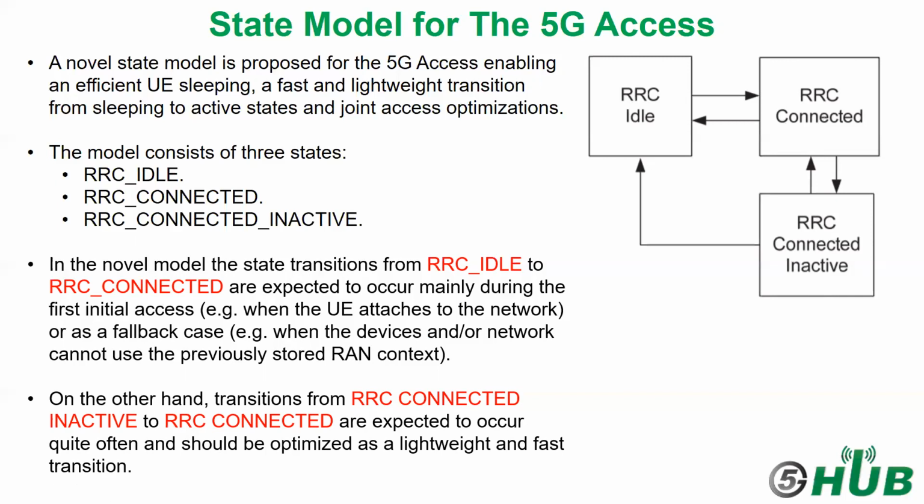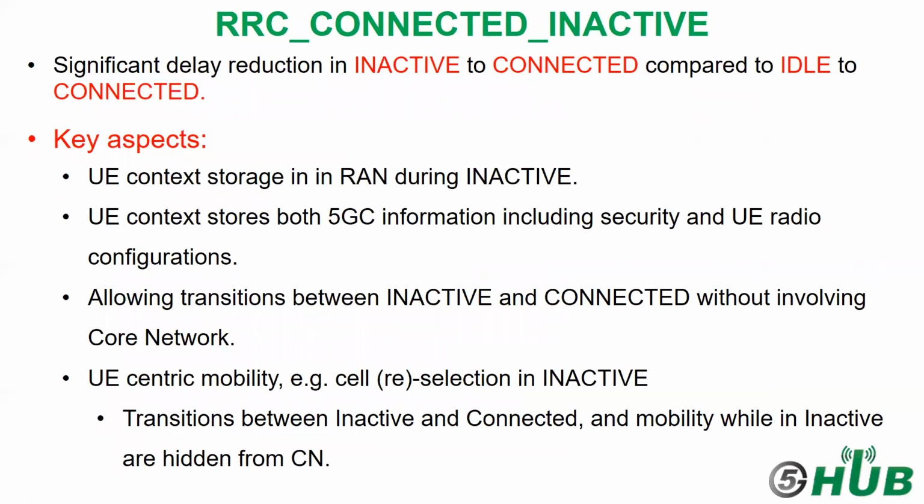As frequent transmission of small packets is common for many smartphone applications, this results in a significant amount of idle to active transitions. These transitions come at a cost in terms of signaling load and associated delays. Therefore, to reduce the signaling load and in general to reduce the latency, a third state is defined, called RRC inactive state.